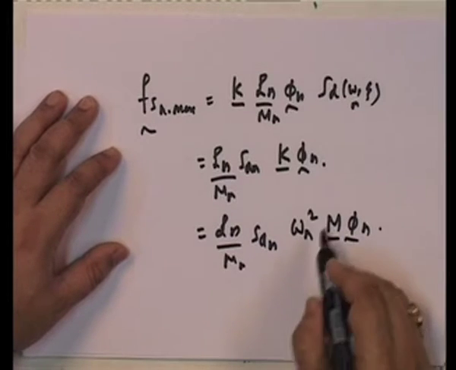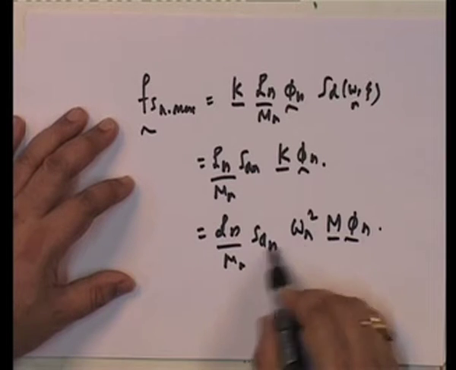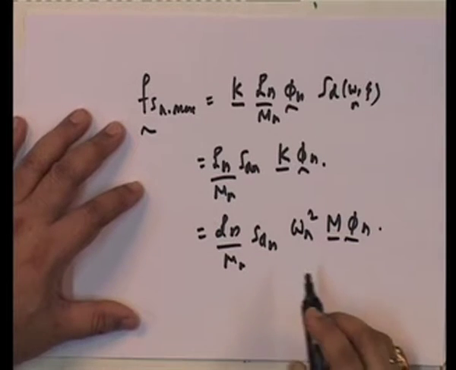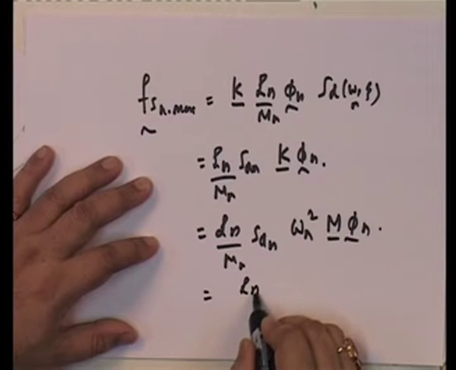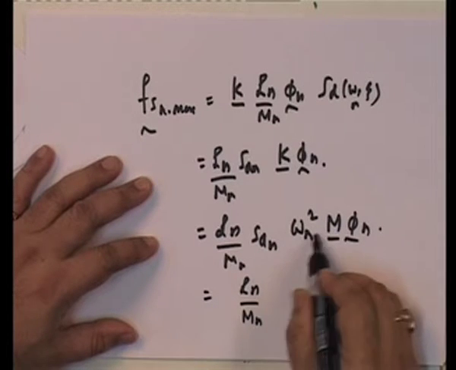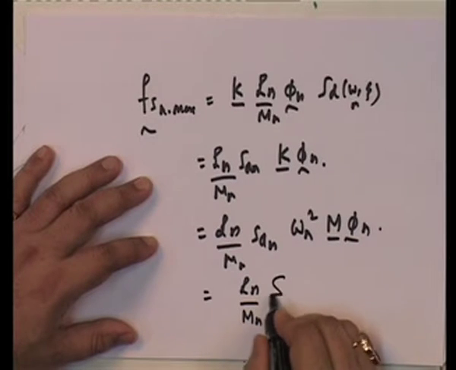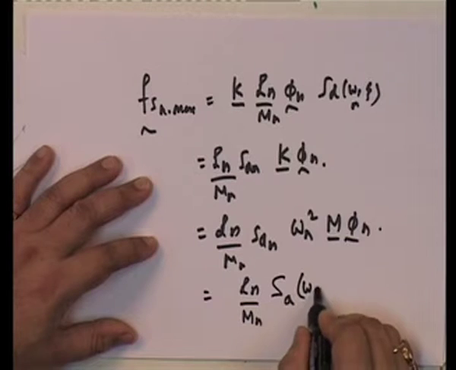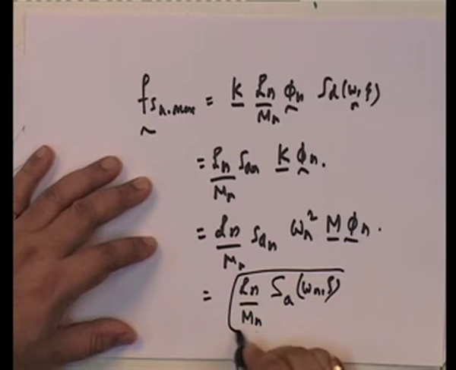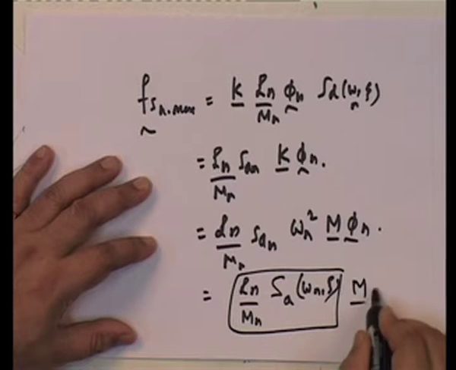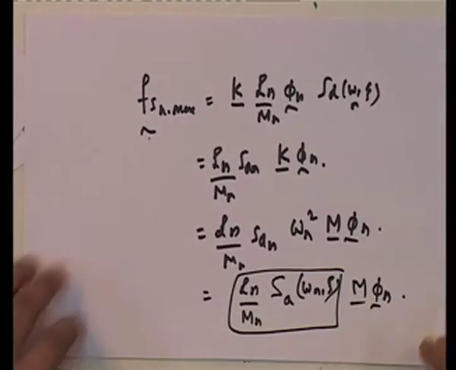And so, therefore, this thing again becomes a scalar, and if you look at this, what is omega n squared Sdn? It is nothing but San. So, it is Ln upon Mn, Sdn omega n squared, remember it is a pseudo acceleration. So, that is Sa omega n xi, and this is the parameter, and this is being multiplied by m phi n. That is the load that you have.